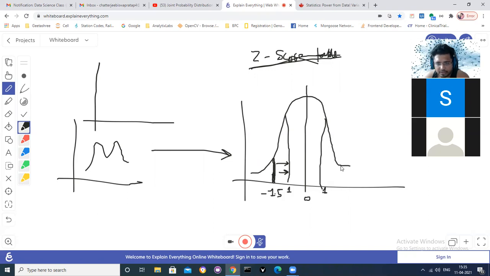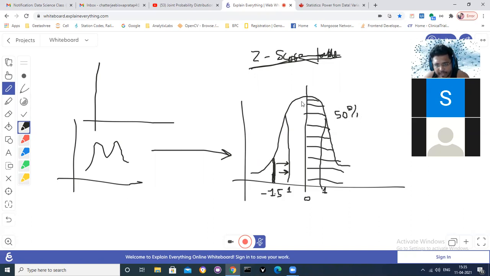Now I can say that from the mean to the right side is 50% of the data, right?